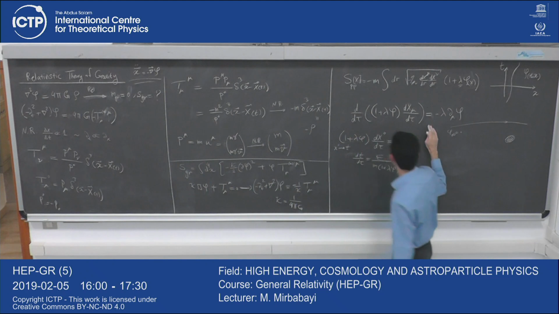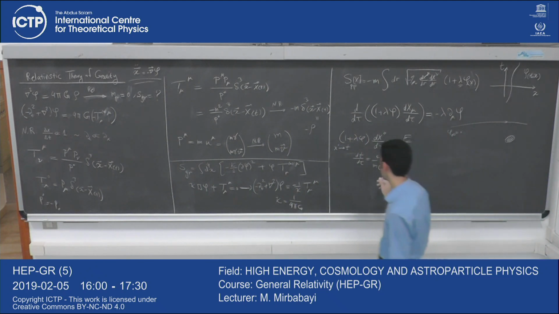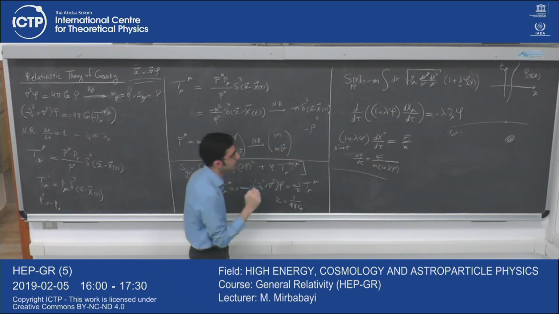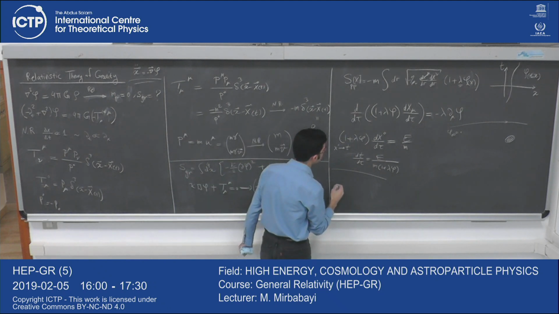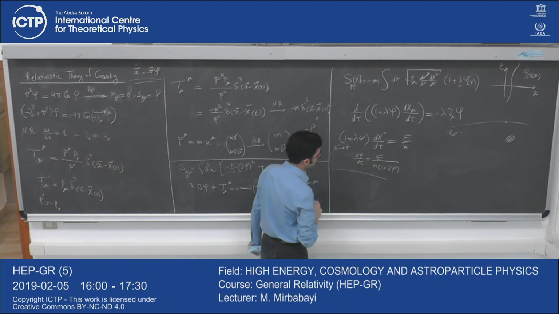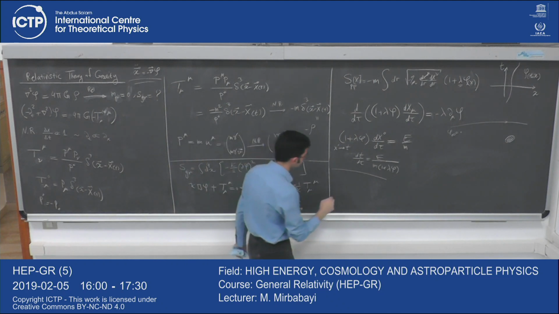And then we can look at the spatial component of this equation. This was the zeroth component. Now if I look at the mu equals i component of the equation, I have d by d tau. I can use this relation to rewrite it as d by dt.